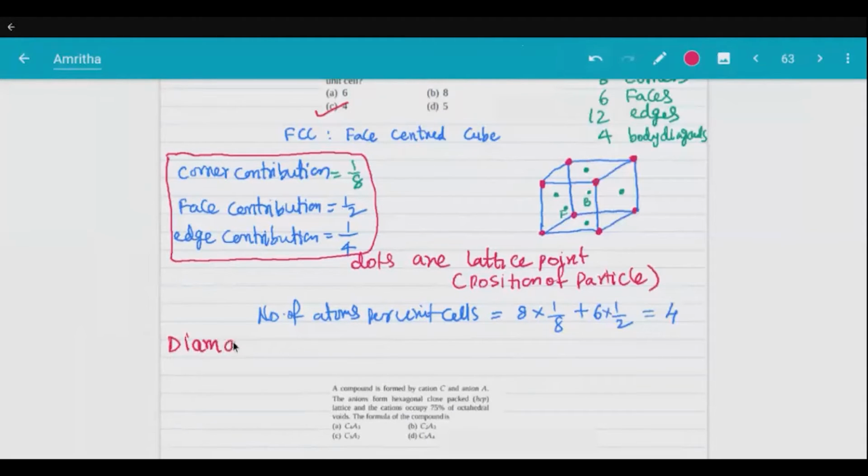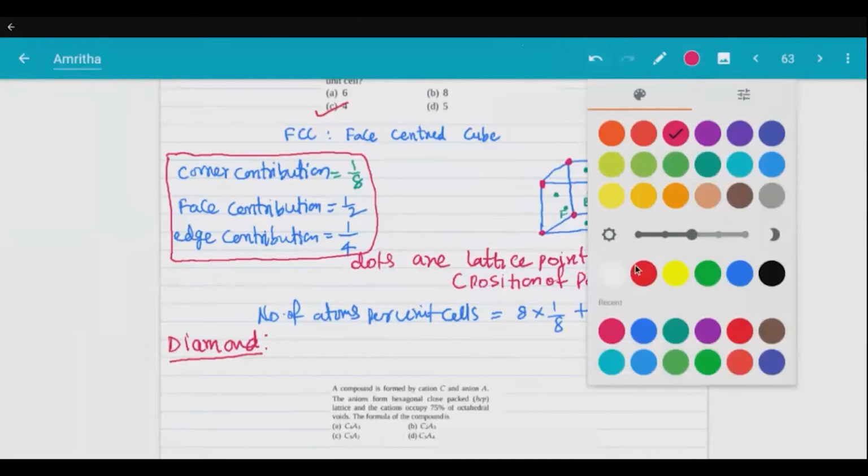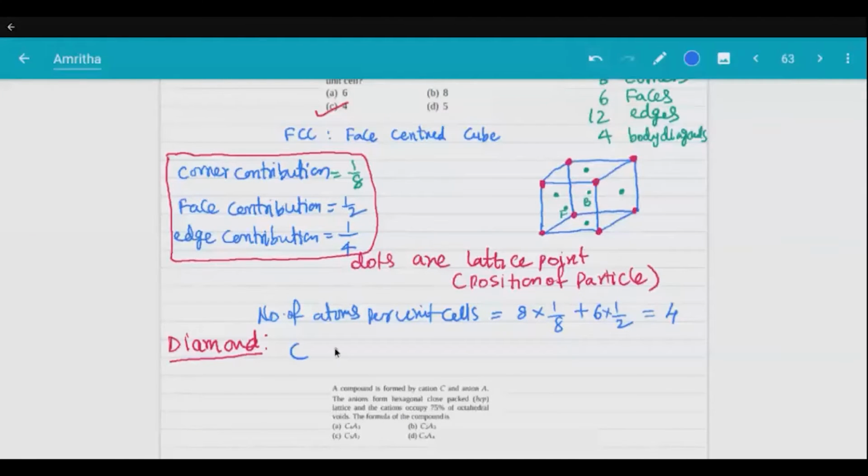So this is one of the best examples for FCC. Okay, diamond, carbon atoms. Only carbon atoms are in FCC. So that means every corner is occupied by carbon atoms. Yes, tetrahedral geometry, tetrahedral shape, sp3 hybridization, yes, that is fine.